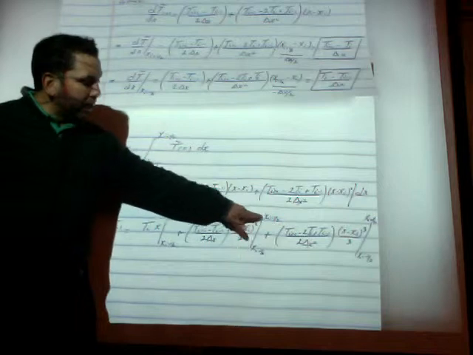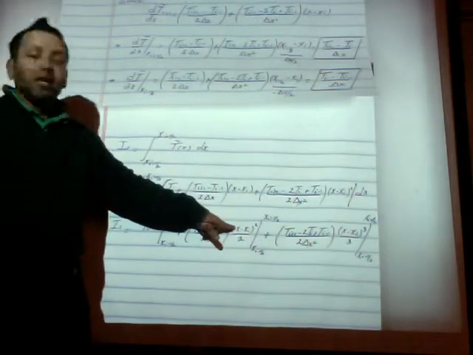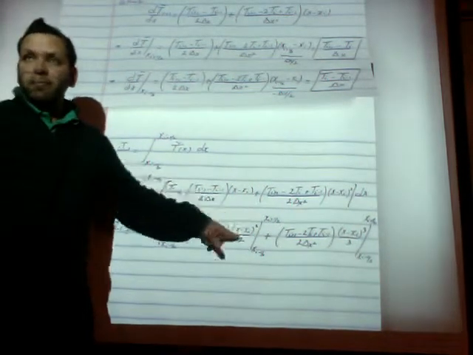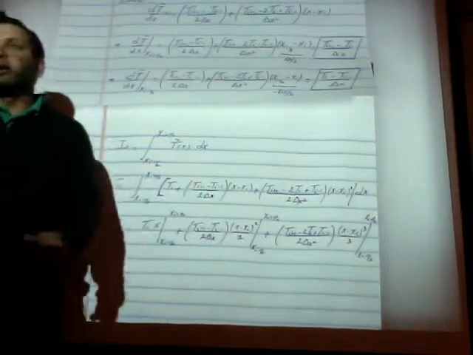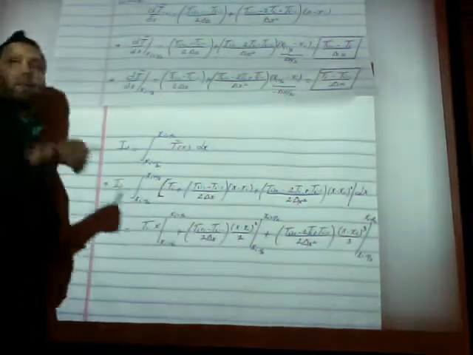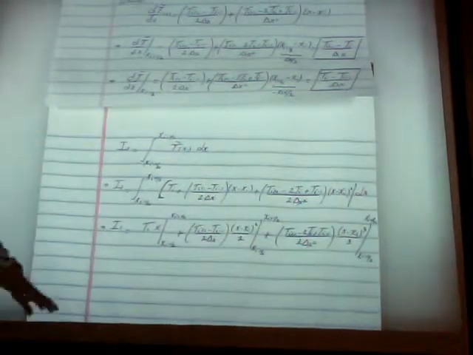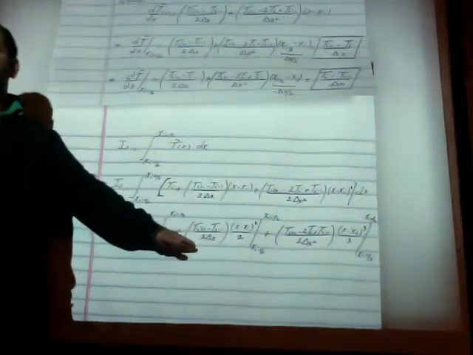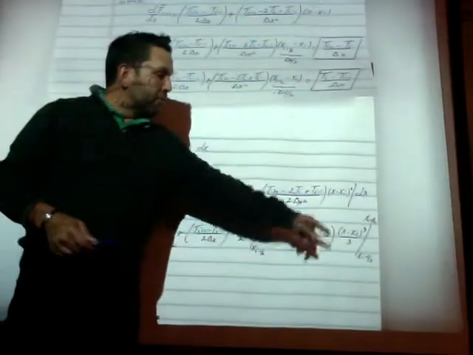Well, x minus x_i evaluated here is delta x over 2, positive, right? Because when we square it, it will be delta x squared over 4, positive. And this one is minus delta x over 2. When we square it, it will be positive delta x squared over 4. So that one will cancel out, okay? And this one stays because the cube of a negative number is negative.